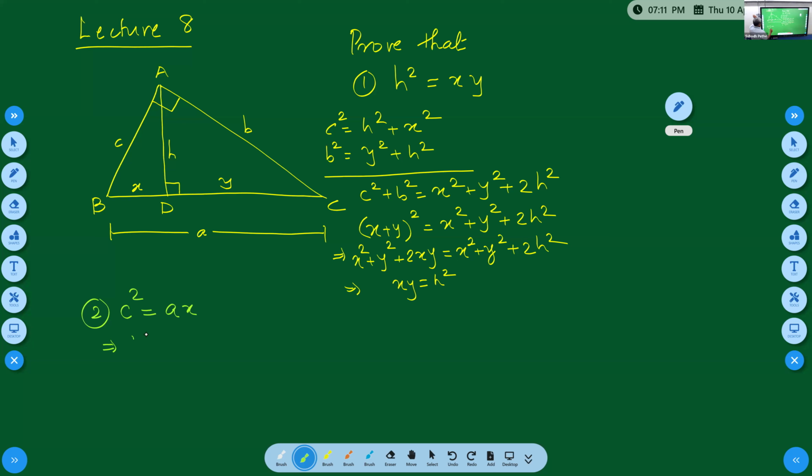c square is equal to h square plus x square. But h square is equal to xy. Therefore, c square is equal to x times x plus y, which is ax.